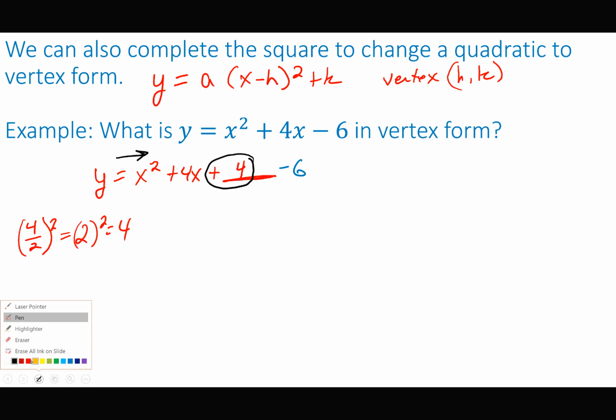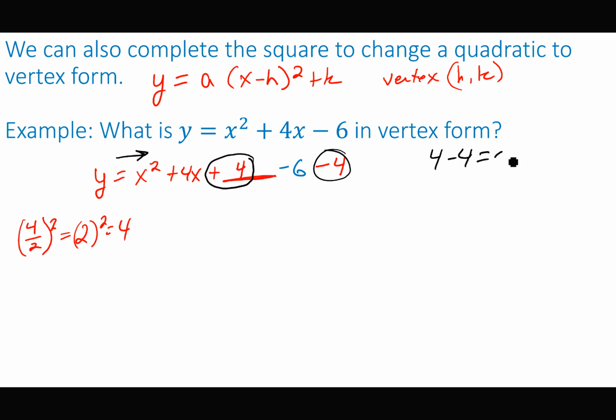I'm actually going to subtract 4, because 4 minus 4 equals 0. So really, I didn't add anything into my problem. I just have 0 going on there. And so my initial x squared plus 4x minus 6 is still the same as what I started with.